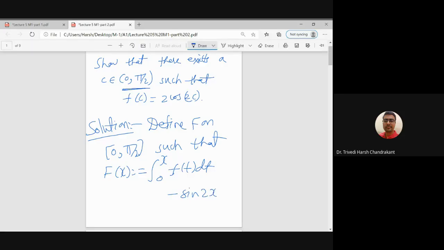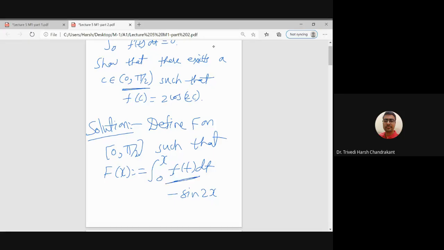So we are taking this particular function because you can see that when we differentiate this function, essentially we'll get derivative of this will be f of x by the first fundamental theorem, and derivative of this function will be 2 times cos 2x, right? So this is the reason why we are taking capital Fx to be this function.